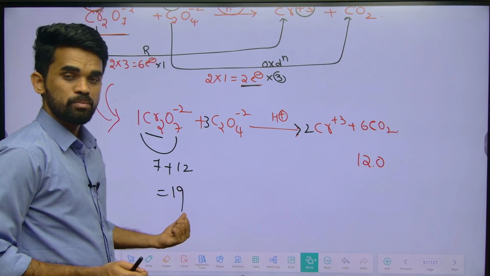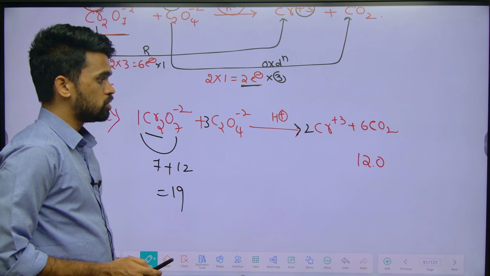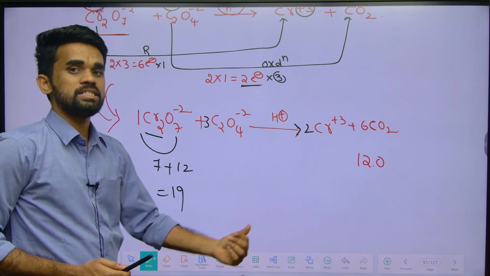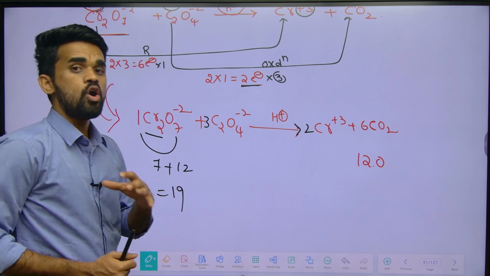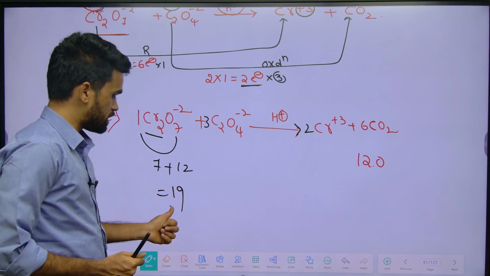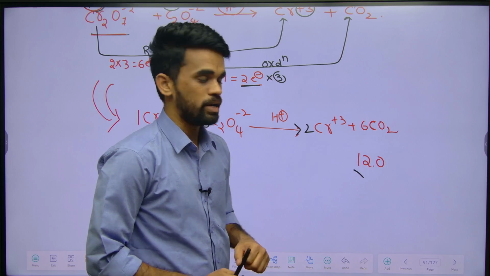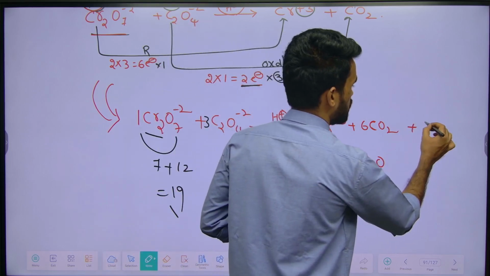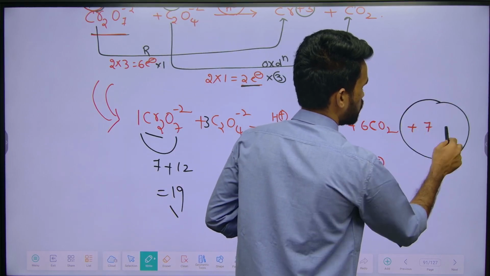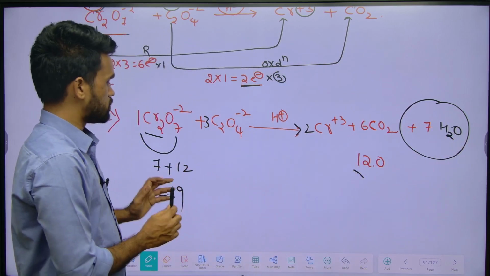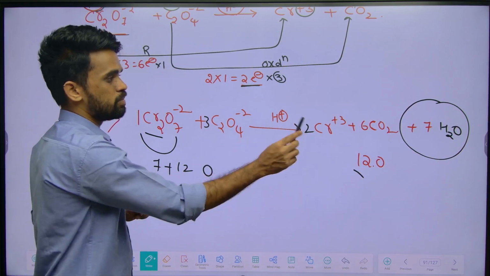This side we have more oxygens. Then what should I do? To the deficient side, where the oxygens are deficient, I need to add water. How many waters should I add? Here it is 19, there is only 12. So still how many are required? 7 are required. I am adding 7 water molecules here, so that the number of oxygen atoms here is 19, and there it also becomes 19.